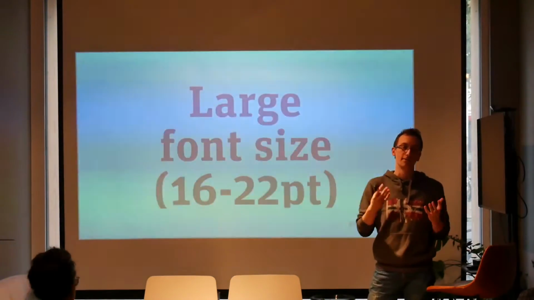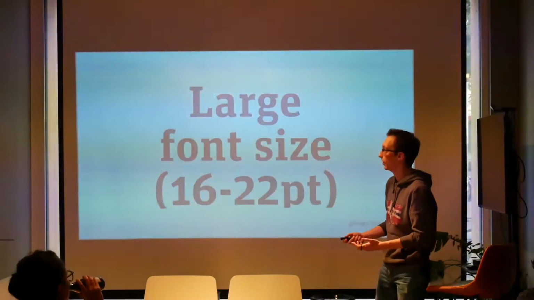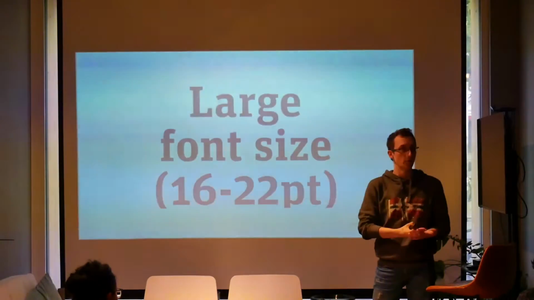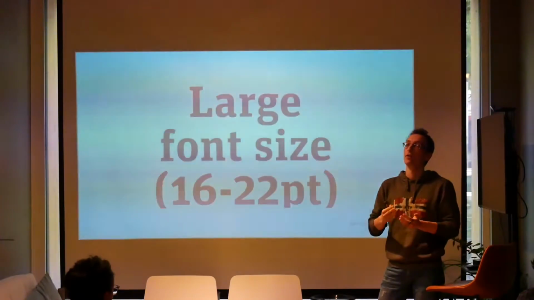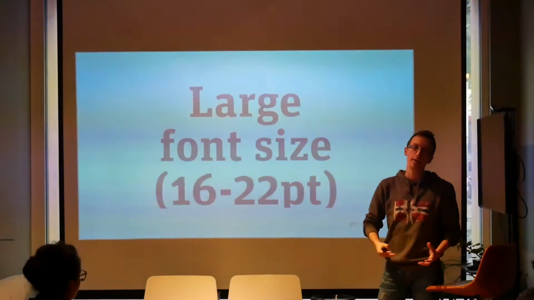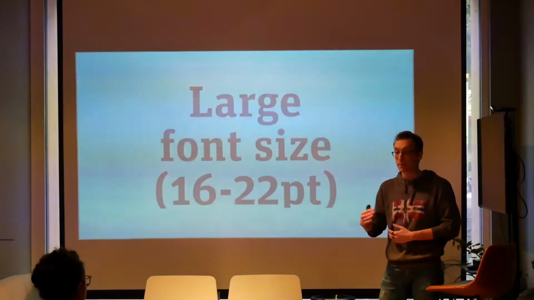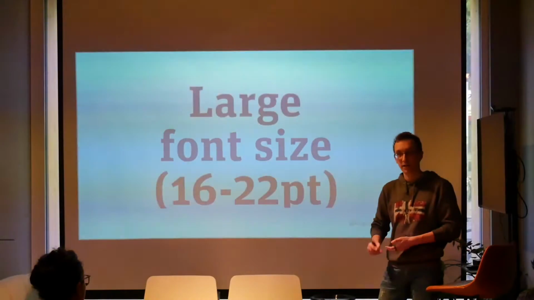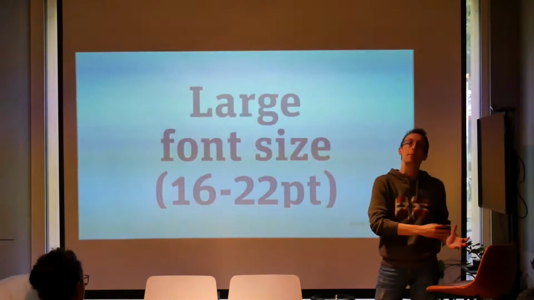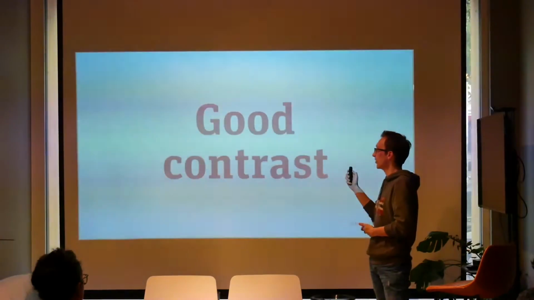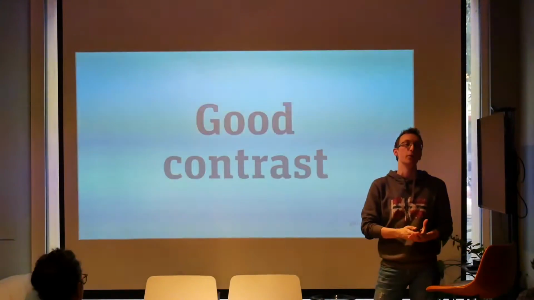So I guess this is really stating the obvious at this stage, but having a large font size is really something that helps a lot. The copy of a website usually should live between 16 and 22 points. Anything below is at risk. Anything above has its own set of problems. And the contrast should be good.